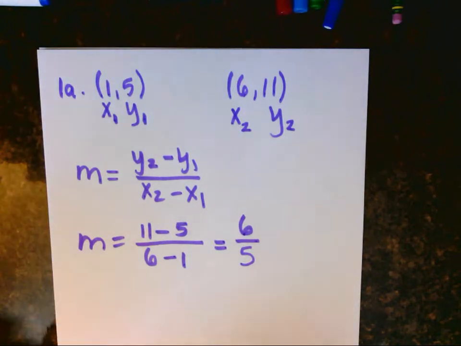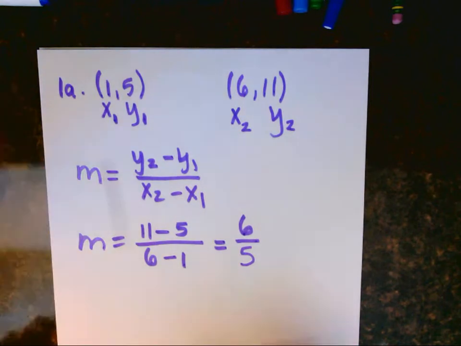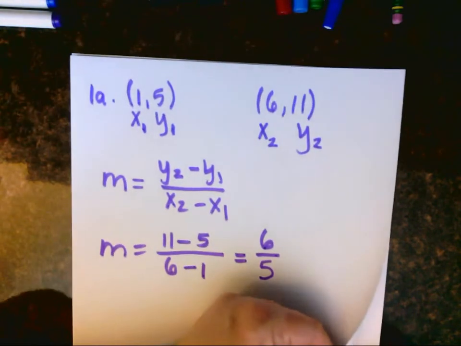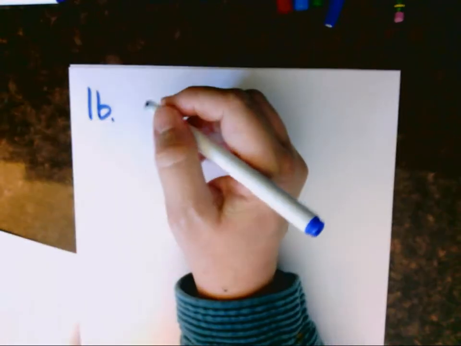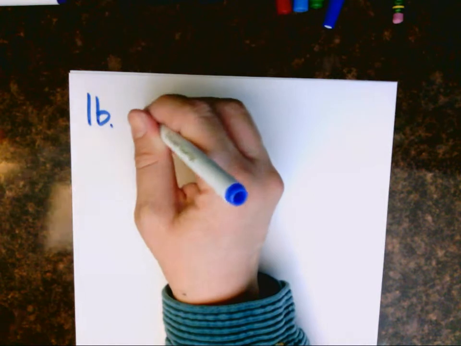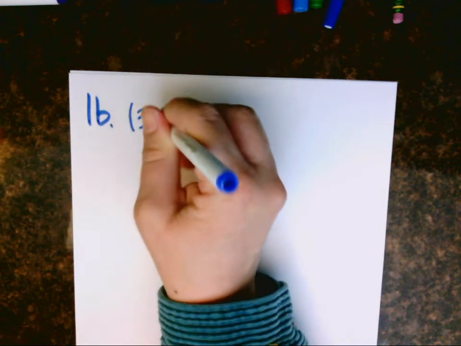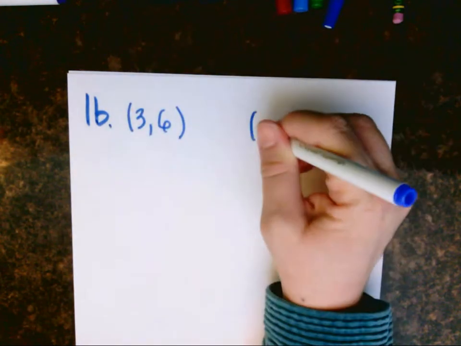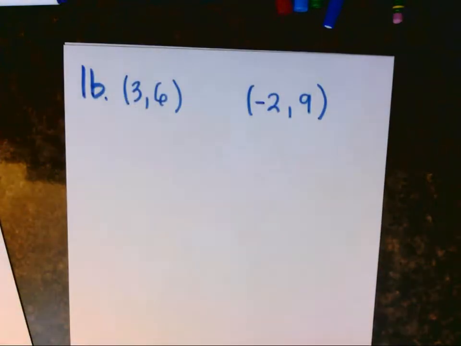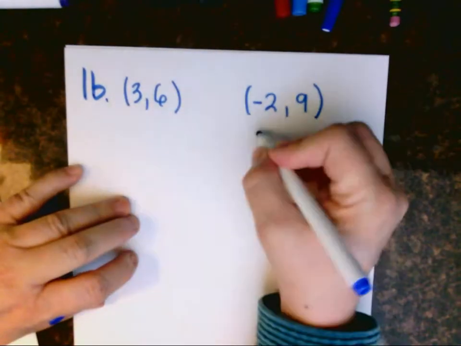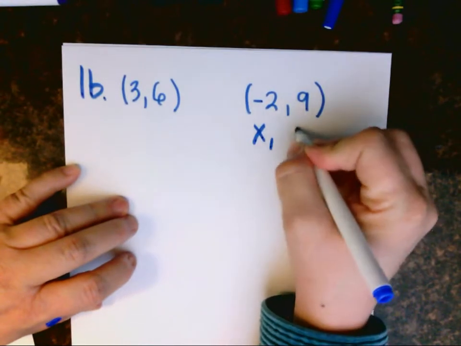Okay, let's do the second example now. 1B. They would like us to work with the points (3, 6) and (-2, 9). And because I want a particular thing to happen, I'm going to call this point my x1, y1.